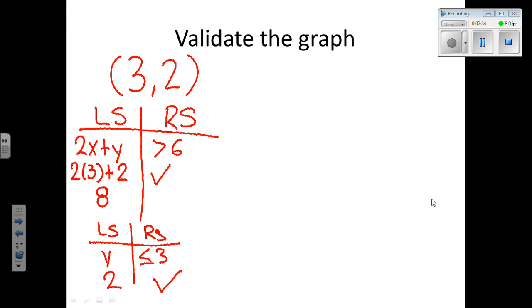And I checked my other line, y is less than or equal to 3, and since my y is 2, I validate that one as well.